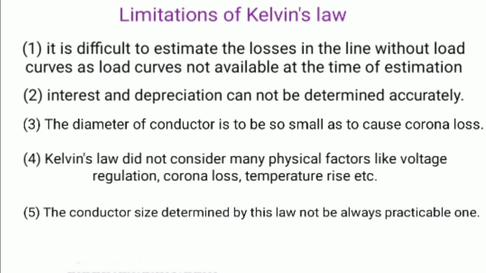The diameter of the conductor may be so small as to cause high corona loss. Kelvin's law does not consider many physical factors like voltage regulation, corona loss, temperature rise, etc. Next, the conductor size determined by this law may not always be practicable.